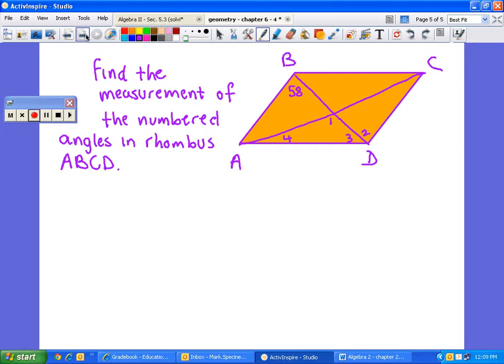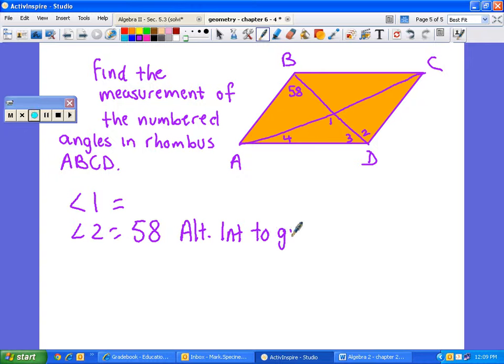Very good. So number 3 will also be 58 degrees, right? Hold on a second. Okay, you don't have to write down the reasoning, but it's probably not a bad idea so that you can remember.